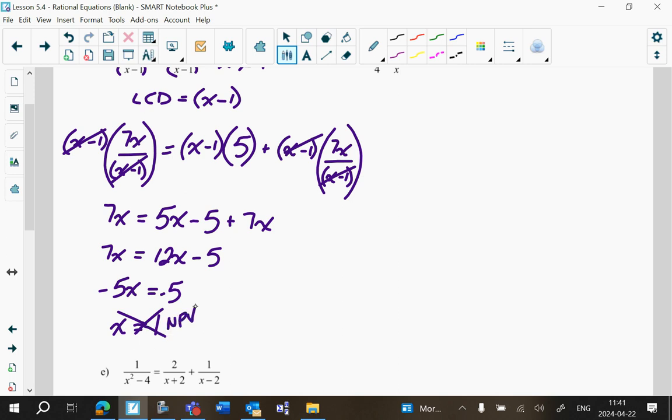Or in other words, there is no solution. Always check. I'm actually going to skip D for now and move on to E. We're going to go back and do D, just not yet.